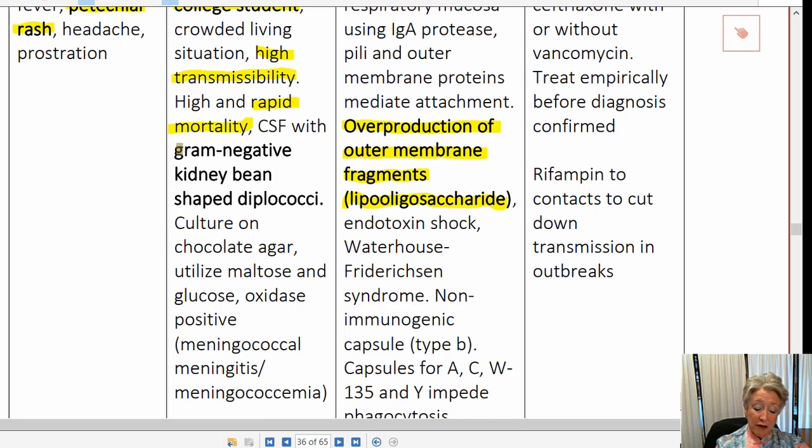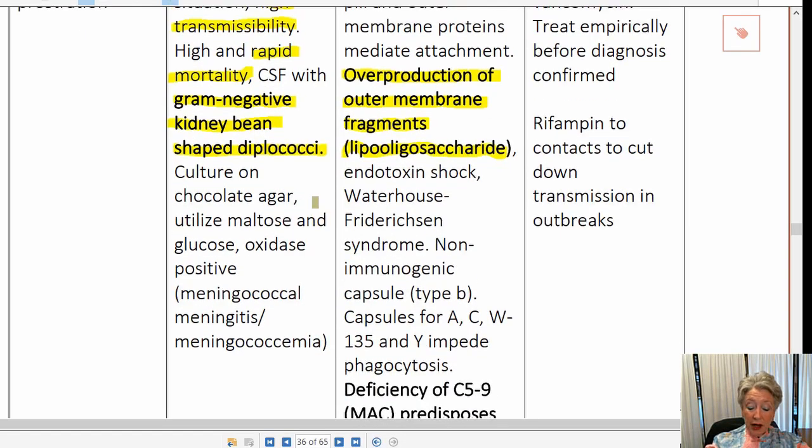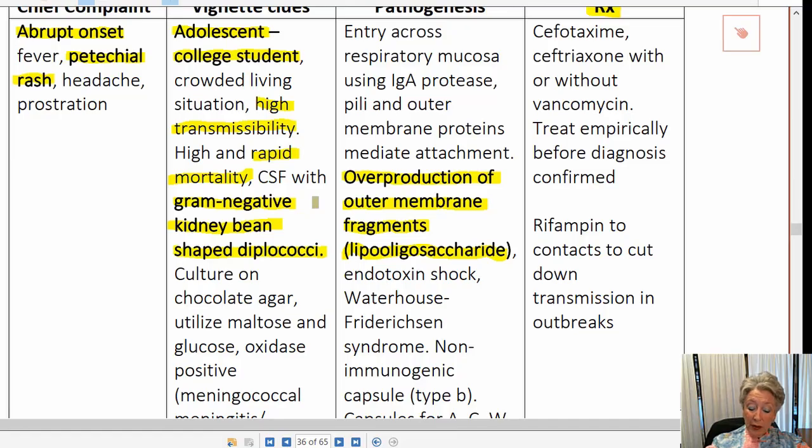In the CSF, I would find gram-negative kidney bean-shaped diplococci, culture on chocolate agar, and of course, it would utilize maltose and glucose and be oxidase positive. Now, when we speak about the pathogenesis, realize the majority of the adherence is mediated through the production of an IgA protease.